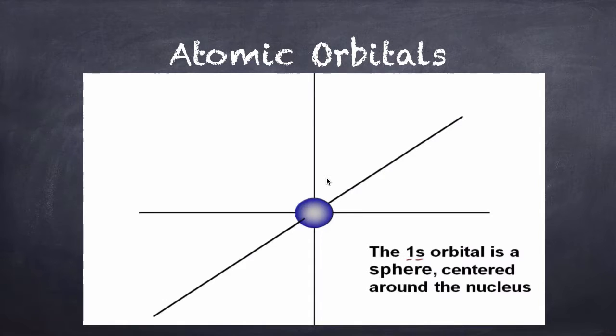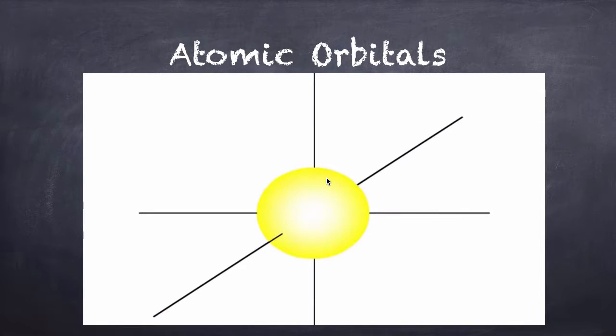The problem is orbitals can only hold a maximum of 2 electrons. So if we were talking about helium with 2 electrons, that would be fine. Helium would be happy with the 1s orbital. But what if we were talking about lithium? Lithium has 3 electrons. Where would the third electron go?